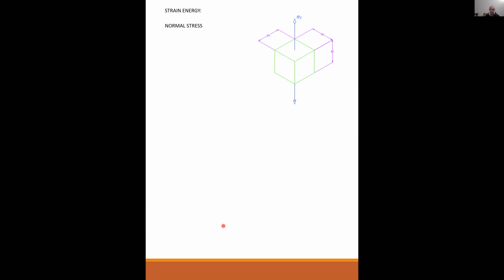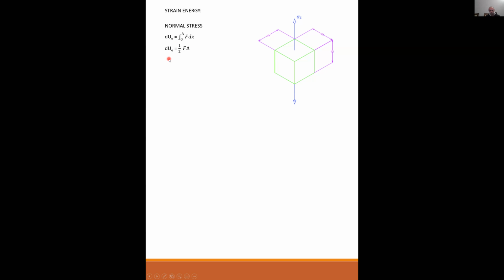Okay, so we're going to go back to our basics. We've got our elemental cube of size dx, dy, dz, and it is under a normal stress sigma z. So our equation is that the differential of the external energy is the integral from 0 to delta of F dx.